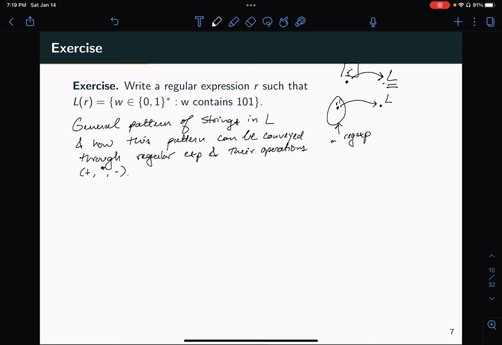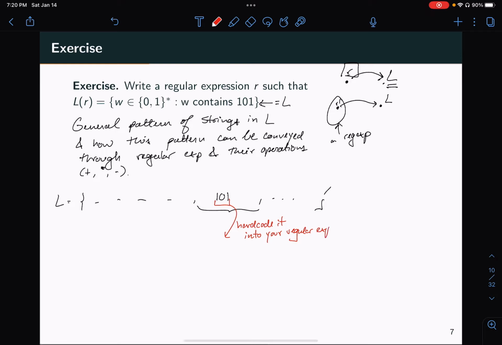So consider any string in this language L. You know that somewhere in that string, you're going to have the substring 101. So what you need to do is take the substring and hard code it into your regular expression.